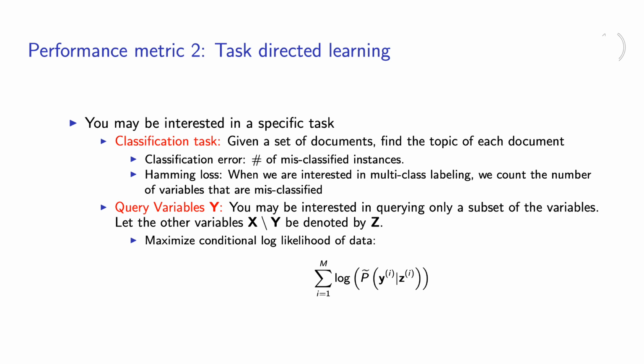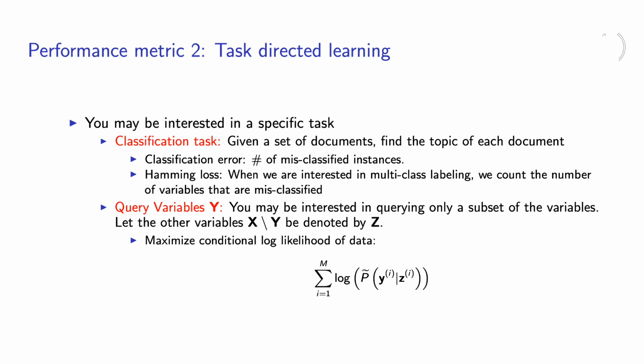In classification tasks, what you want to do is predict the value of just one variable, which is called the class variable, or a small subset of variables. If you're trying to predict the value of a small subset of variables, it's sometimes called a multi-label classification problem. If the single variable takes more than two values, then it's a multi-class classification problem.